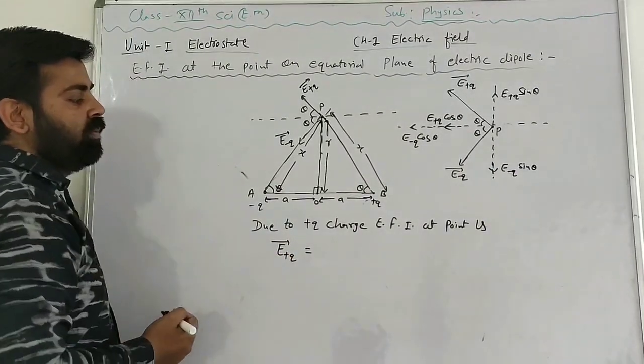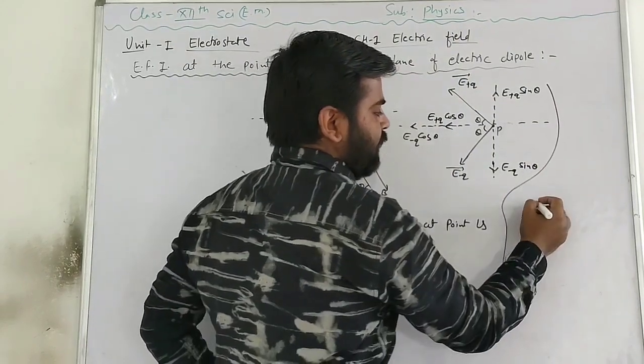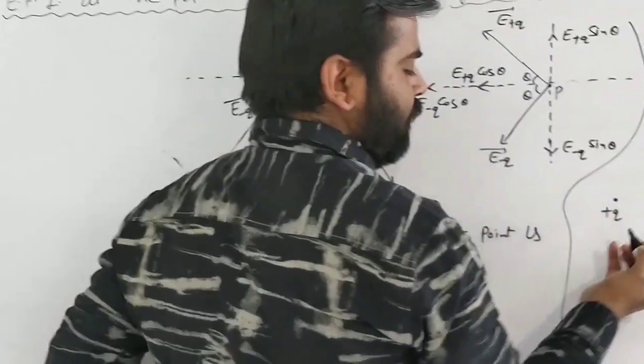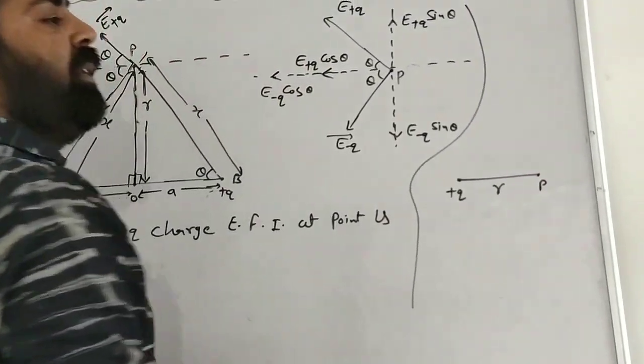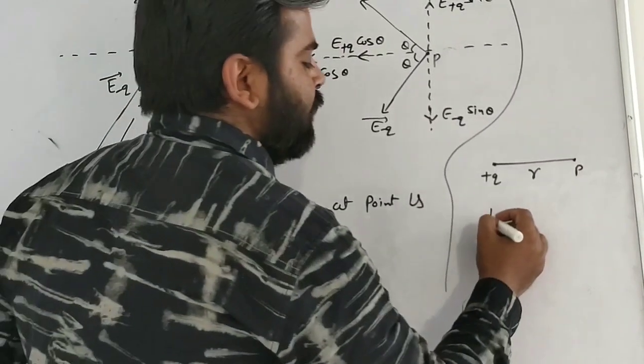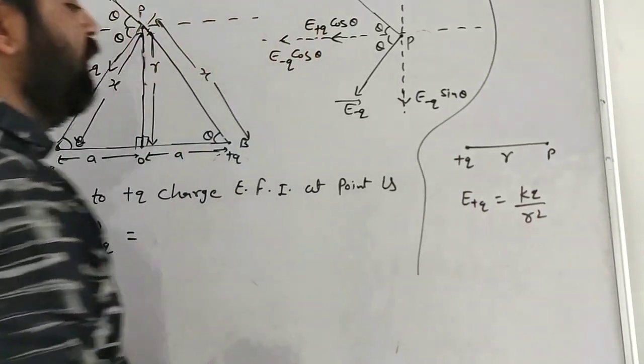In the previous class I discussed that due to a point charge, at a small distance r, the magnitude of electric field intensity is given by kq upon r square.